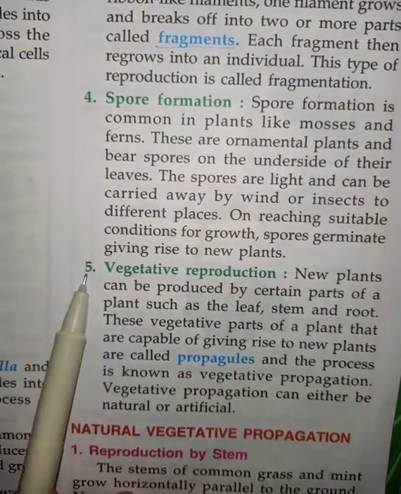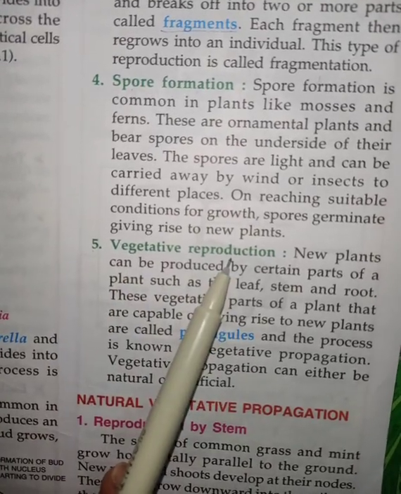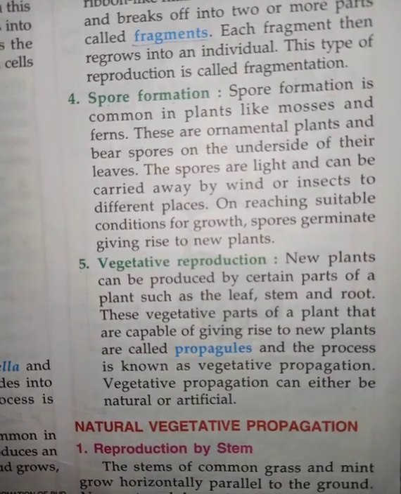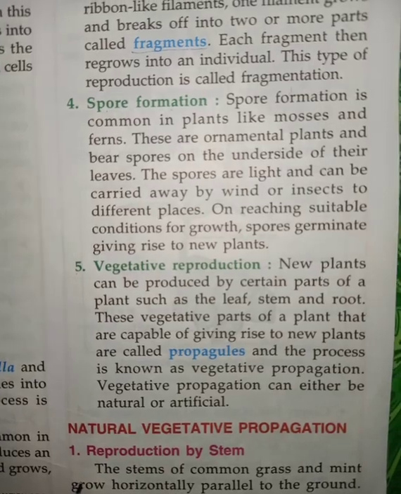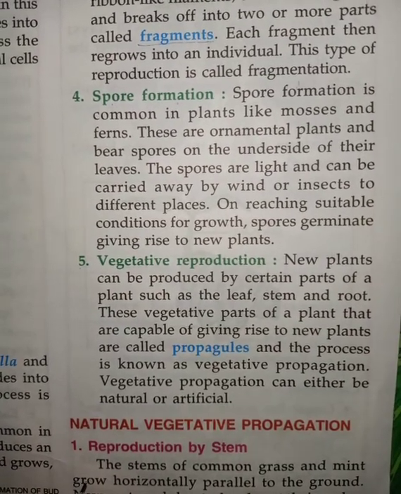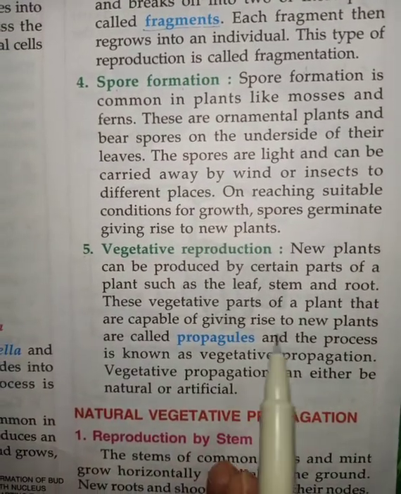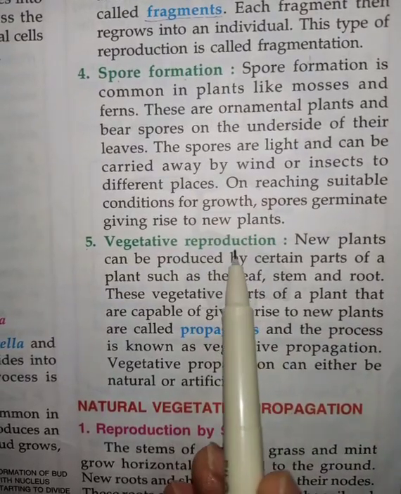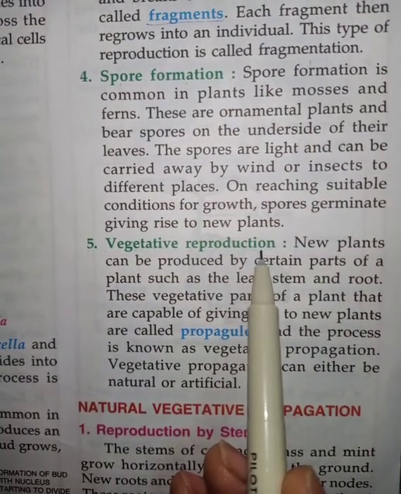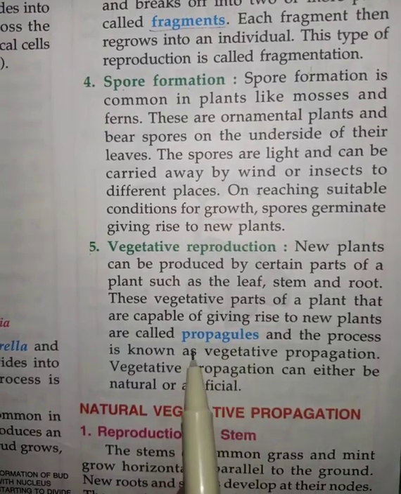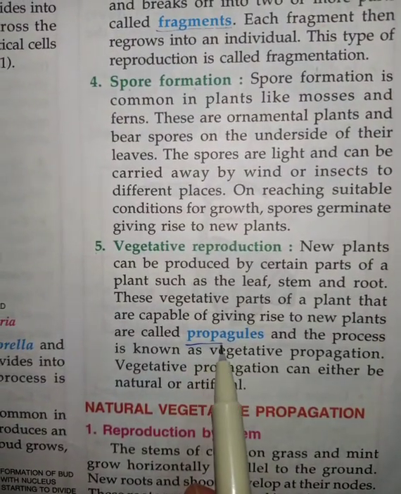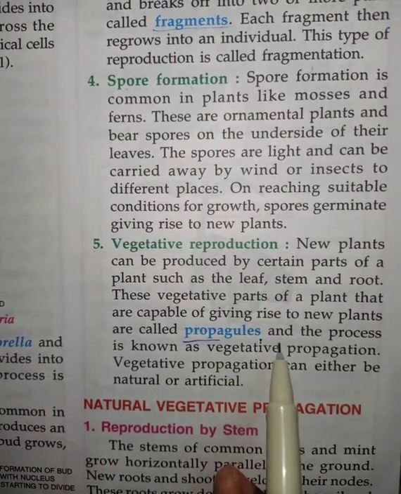The fifth type of reproduction is vegetative reproduction, also called vegetative propagation. As I am telling you reproduction or propagation, from here the word propagules arises. Now what are the propagules?